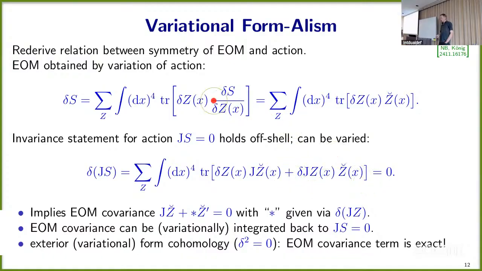Once you vary something, you get two terms, and the other term gives you something proportional to the equation of motion, with certain coefficients. These are the asterisk coefficients that I told you about earlier. So that gives you a precise covariance statement for any symmetry that you can treat in this way.